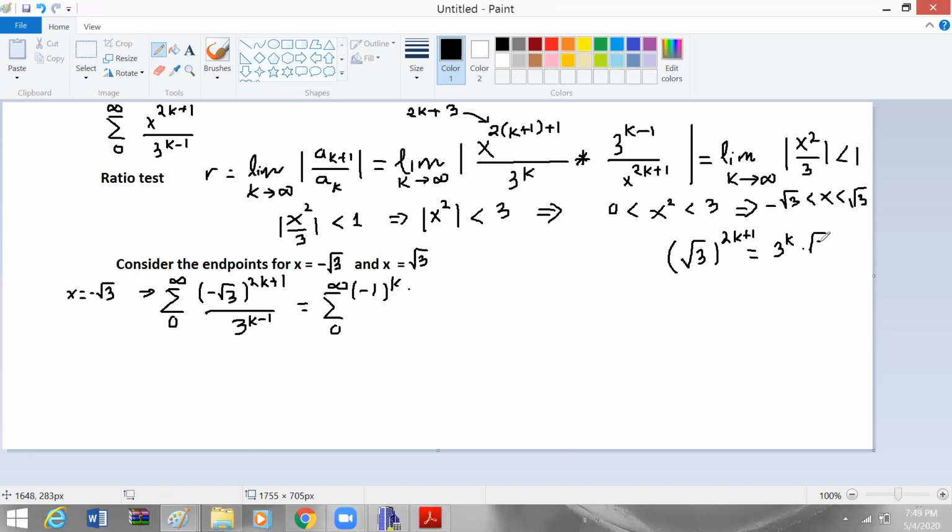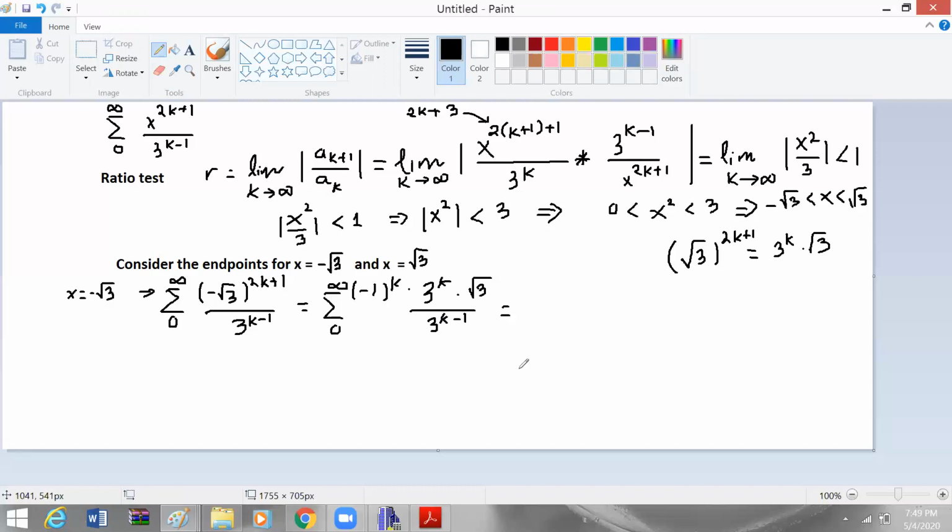But this radical term doesn't affect the convergence or divergence of the series. It's just a constant, like multiplying by 1.732. The most important thing is the term that goes with the k powers, times radical 3, over 3 to the k minus 1.